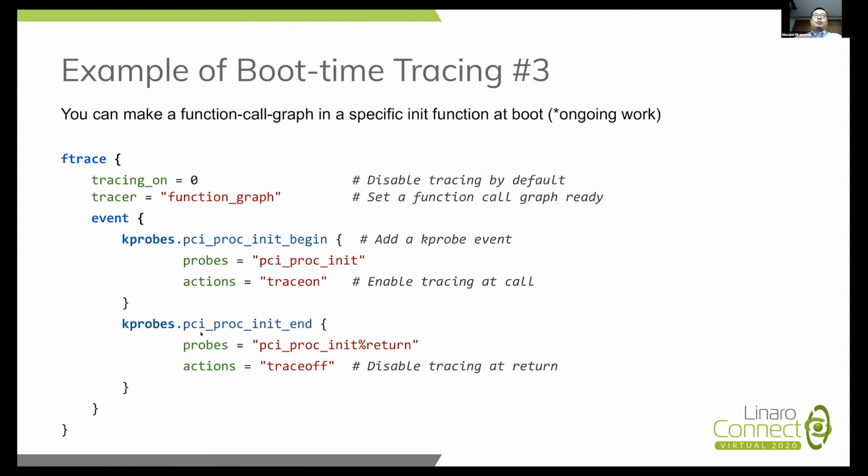And when we return from pci_proc_init, at that point we disable the tracing with these actions, and set up the tracer as function_graph. And tracing_on equals 0 means tracing is disabled by default. So only in the period between this event and this event is the function graph enabled.